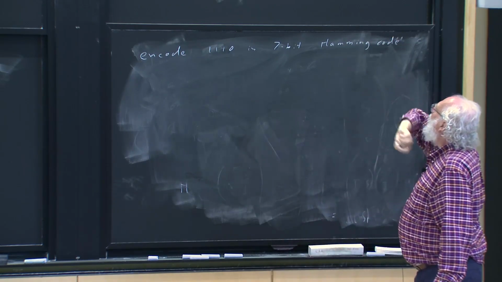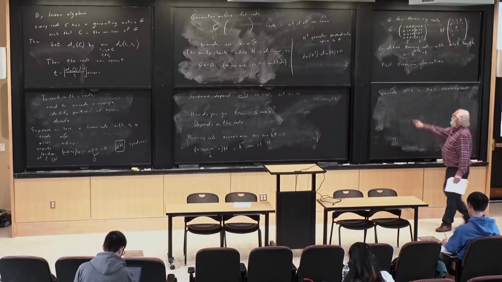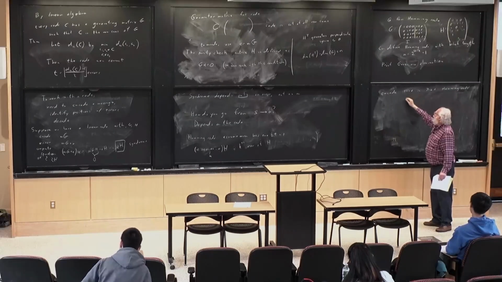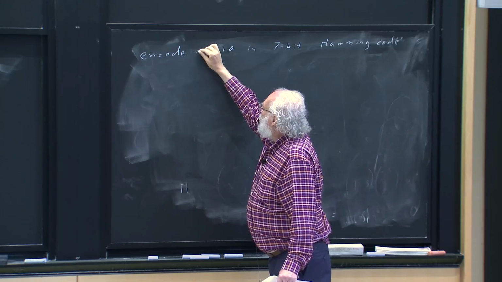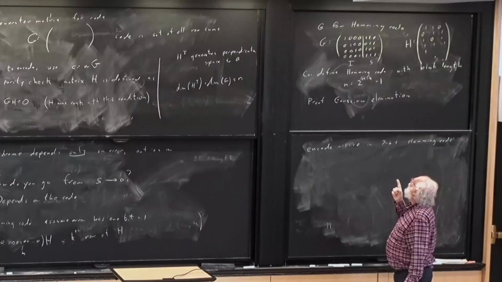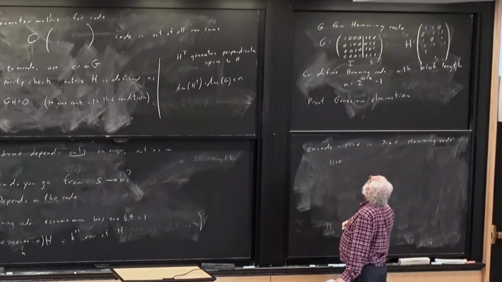So there's our 7-bit Hamming code up there. We sum the first 3 rows because the first 3 entries of our message are 1. M equals 1110, so that's 1110, 000.